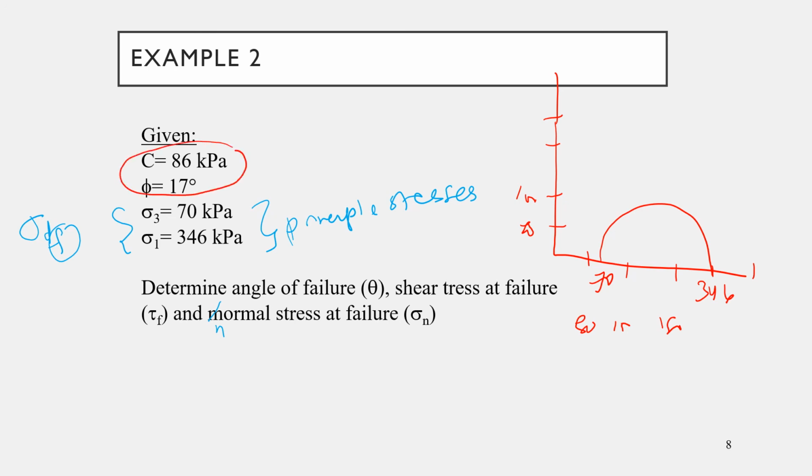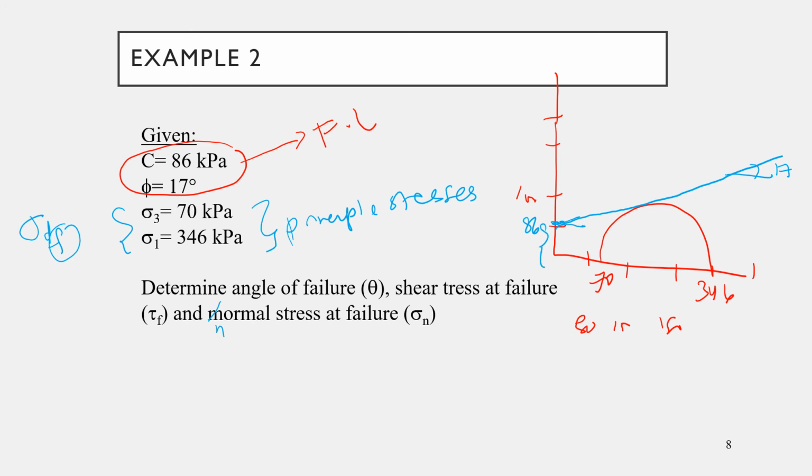So the C and phi values are important in order for you to plot the failure line. The failure line has to follow the shear strength parameters. Let's say here is your 86 magnitude, and the friction angle is 17, so the slope is 17 degrees. You take your protractor, this is your slope of 17 degrees, and this is your C, 86 kPa.